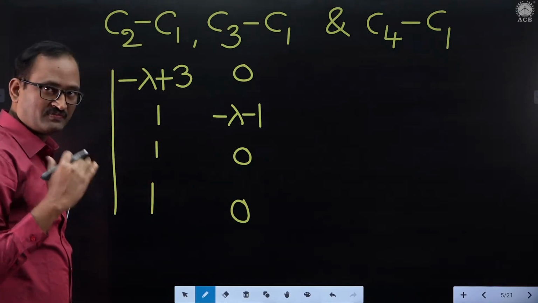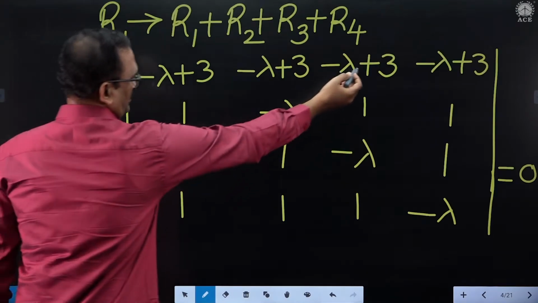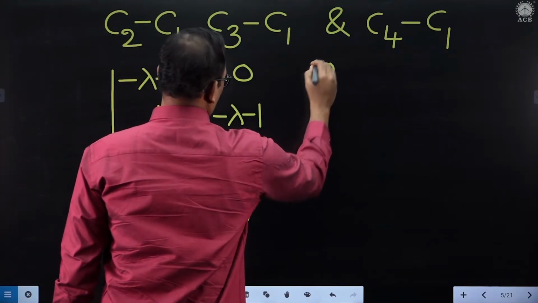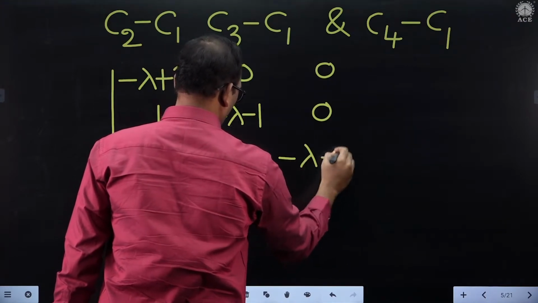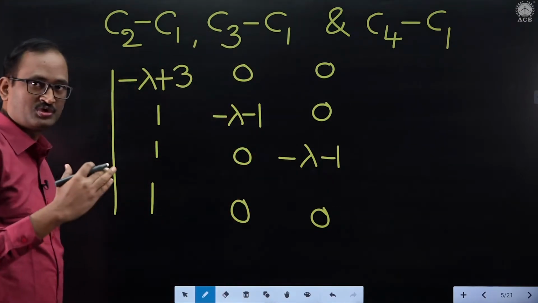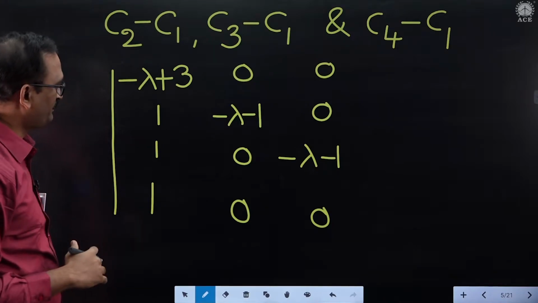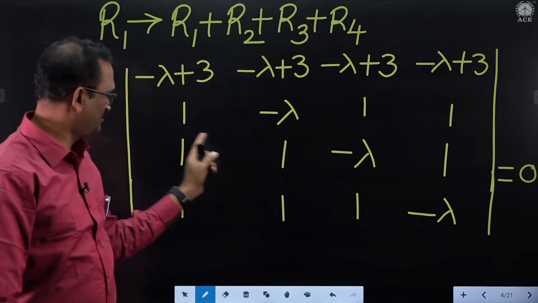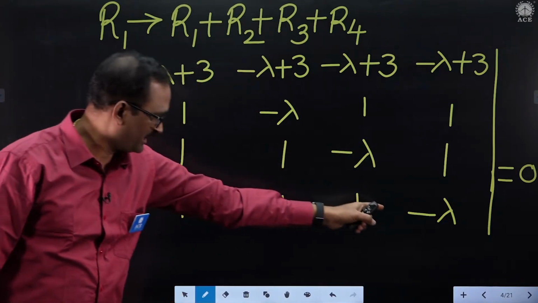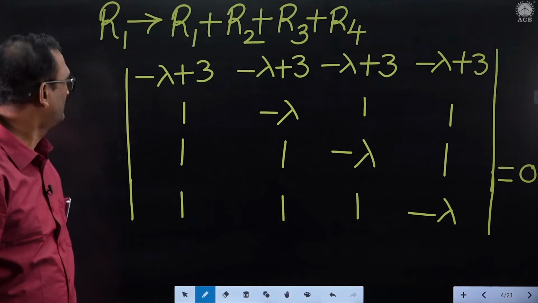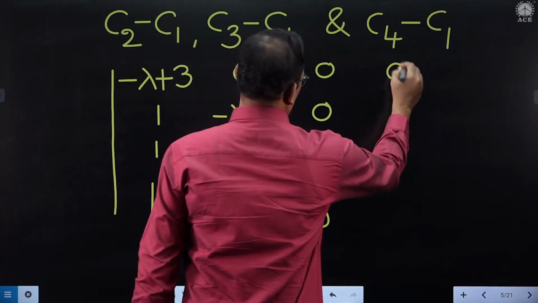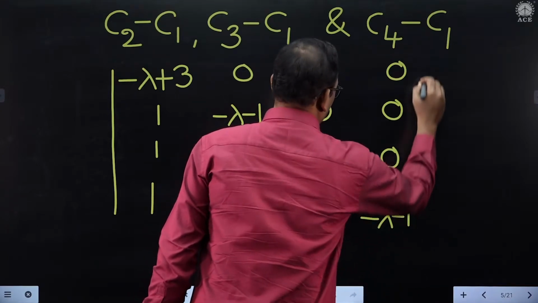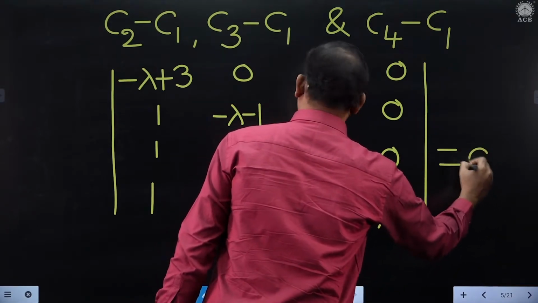Similarly, third column minus first column gives 0, 0, minus lambda minus 1, 0. Fourth column minus first column gives 0, 0, 0, minus lambda minus 1, is equal to 0.